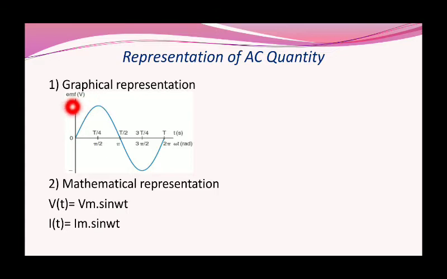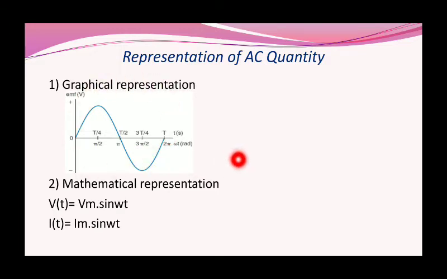In the graphical method we show the nature of the waveform, means how it has its values. For example, for AC, it is alternating, as you can see, it is changing its magnitude as well as direction with respect to time. So this is the graphical representation for AC.